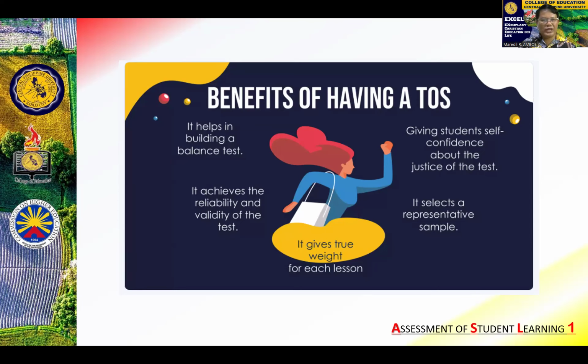And it gives true weight for each lesson, meaning you cannot set aside one lesson just because you want to have more items in the other lesson. Then it gives students self-confidence about the justice of the test, and it selects a representative sample. So having the benefits, it's really an advantage, not just on the part of the teacher, but also for the students, having the TOS.